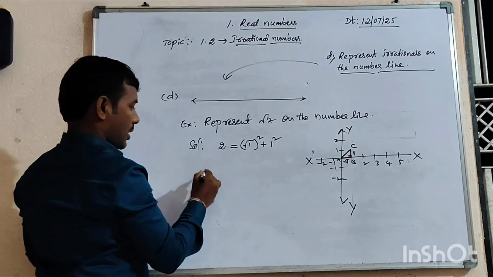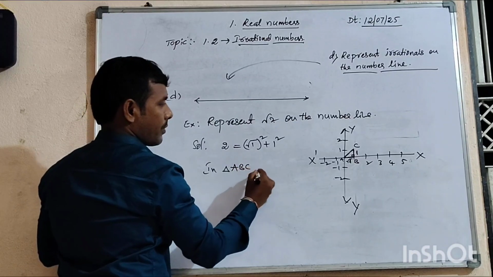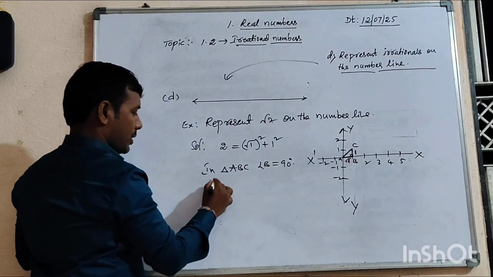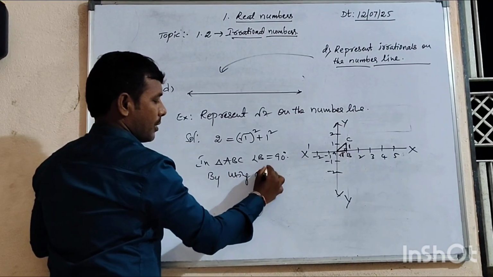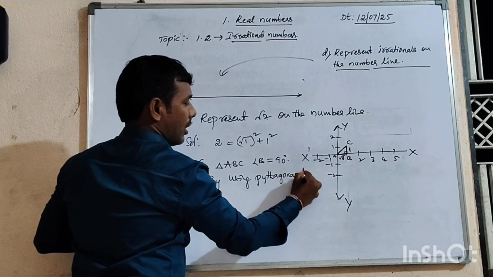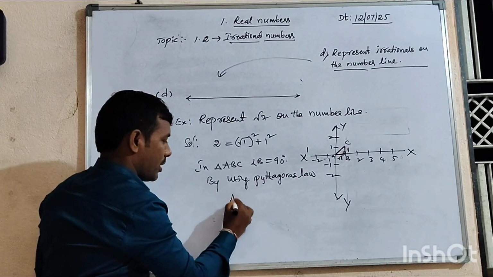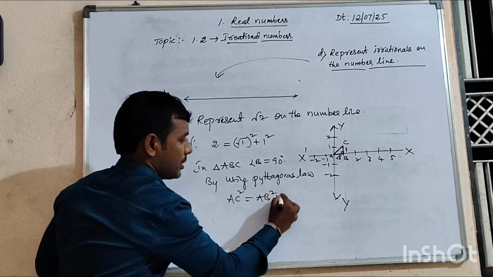In triangle ABC, right angle at B, by using the Pythagoras law, AC square is equal to AB square plus BC square.